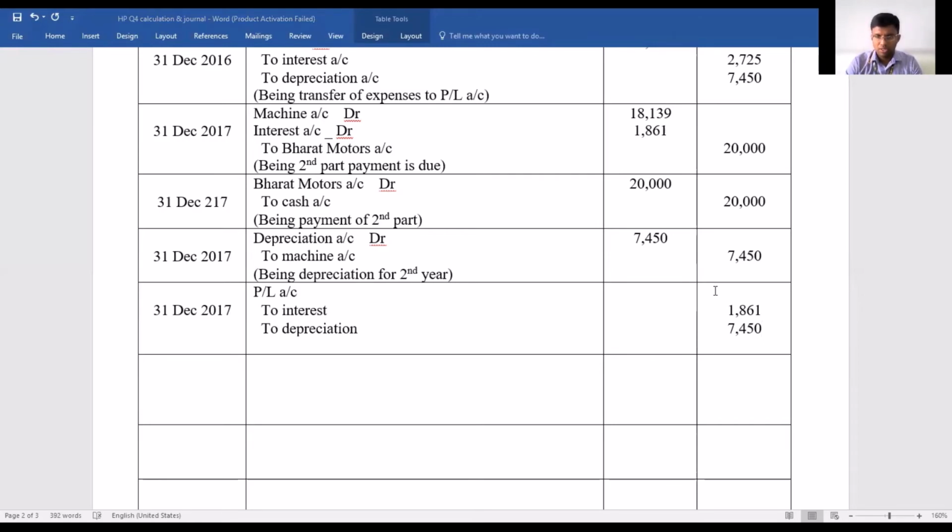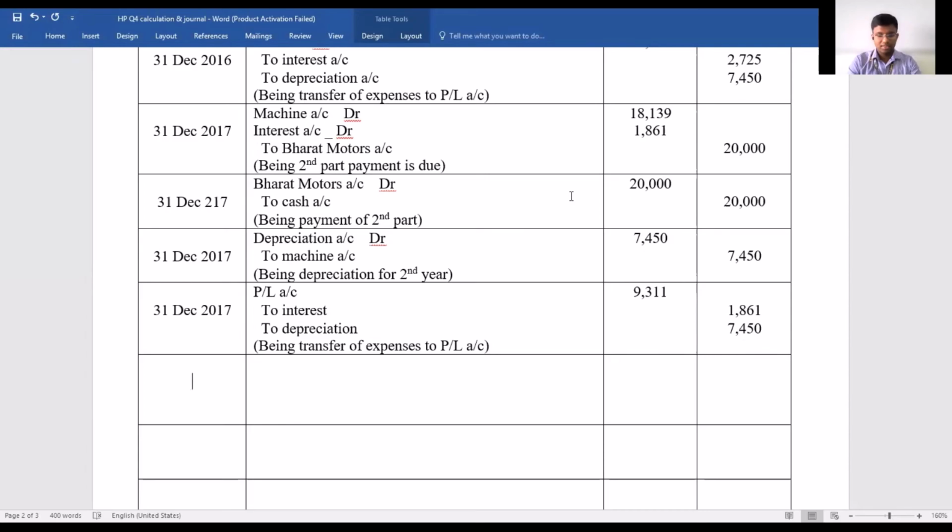So 7,450 plus 1,861, that is 9,311. So 9,311 being transfer of expenses to profit and loss account. So that has been completed. Okay, so we have completed 2017.